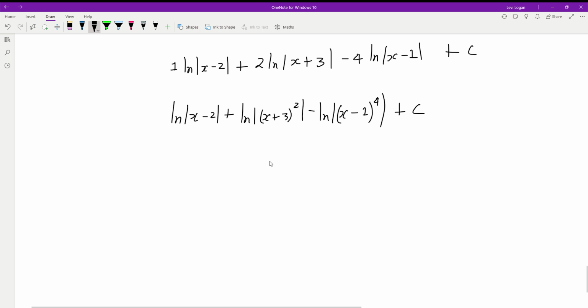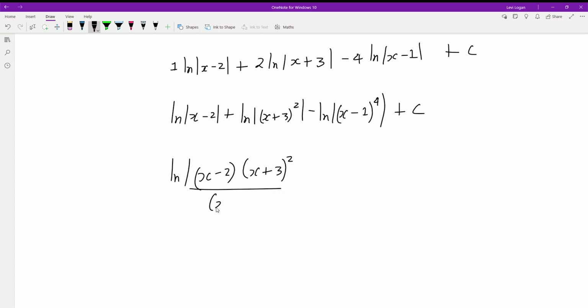And if you want, you can leave it like that, or you can combine it using log laws. So the first one will be log of x minus 2 multiplied by x plus 3 all squared, and then divide by this guy here. So x minus 1 to the power of 4, absolute values, plus c.